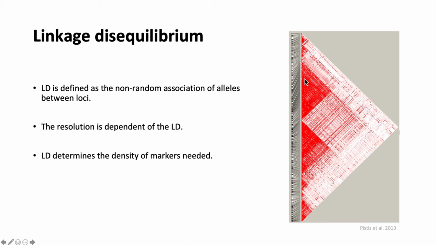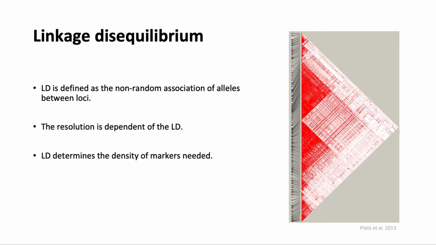That also depends on the genomes of the crops that we're working on. Some genomes normally have a high LD, with big blocks in the genome that tend to segregate together to the next generation.